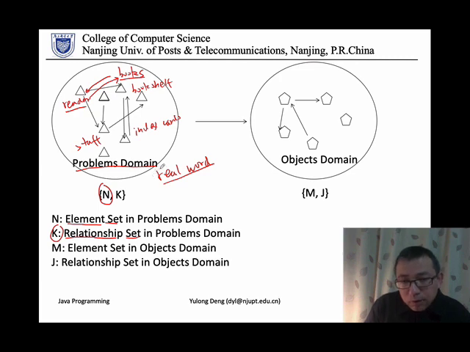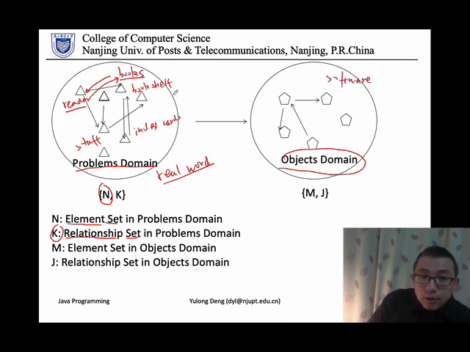Well, now suppose we want to build a digital library or an online library. So we get to the right side, the objects domain. Before we build a digital or online library, this is the software. The left side is a real library.